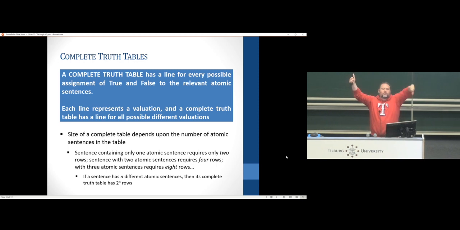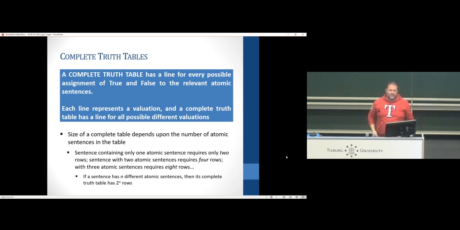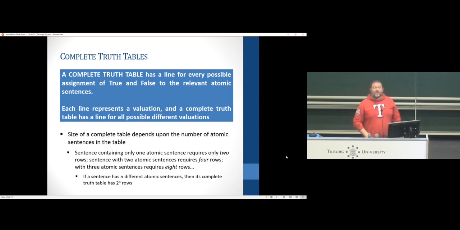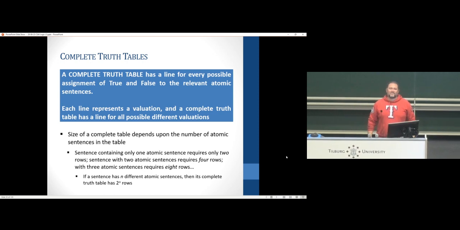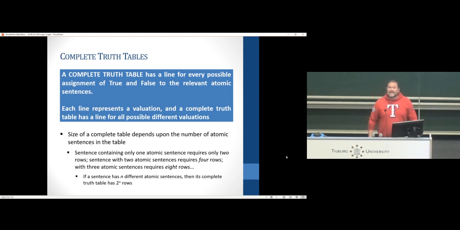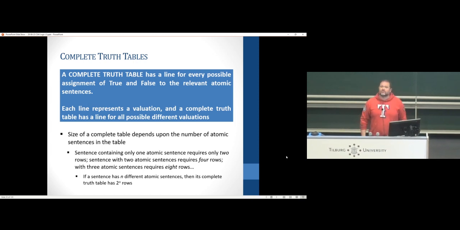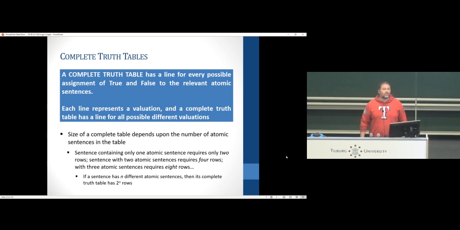Where they're both true, where the first one's true and the second's false, one where the first one's false and the second one's true, and then finally where they're both false. Again, just kind of mapping all the options. If we have three, then we're going to have 8 rows. Right? Again, just think about the different possible combinations. In fact, generally, if a sentence has n atoms, then its complete table has 2 to the n rows. That's just going to be all the assigned truth values we can give, all the combinations.